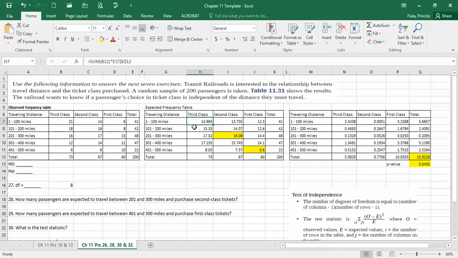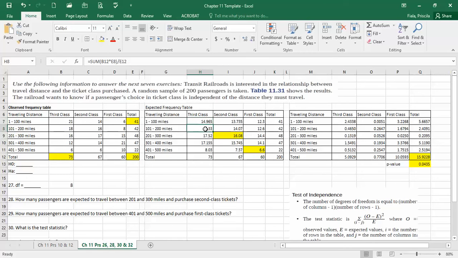What I did was I took cell B12, which is the total right here. So this total right here, let's go back, times E7, which is this total over here, divided by my total right here. So I did the sum of this times this divided by this, and I got this value.